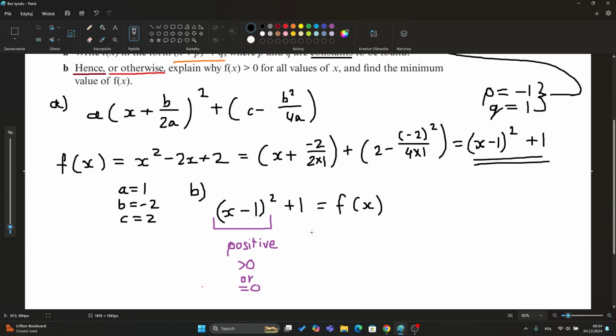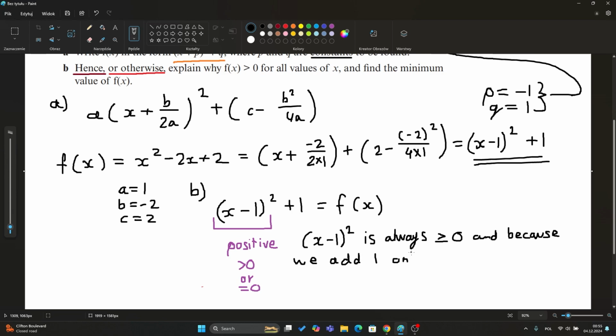And because it's squared, we say that x minus 1 squared is always equal to or greater than 0. And because we add 1 onto 0, or a value greater than 0, then f of x will be greater than 0.